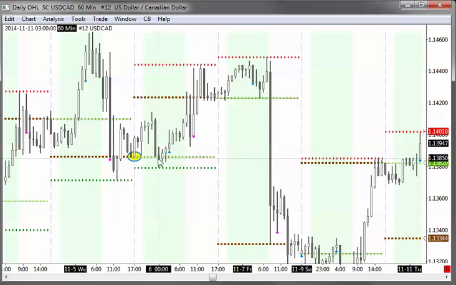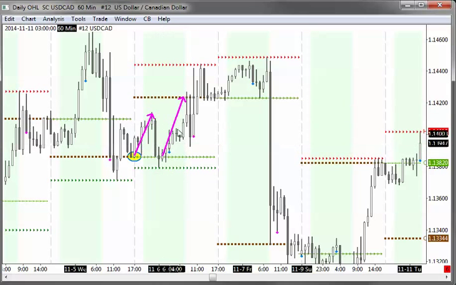Then it comes back down and tests the open, so we have a nice smooth move above the open, and then we come back to it. And notice the come back to it. It's not a come back to it and go beyond, which if it did, this would have been a smooth ride down. But instead, it came back to it and had a smooth ride up to what eventually was the close for the day.